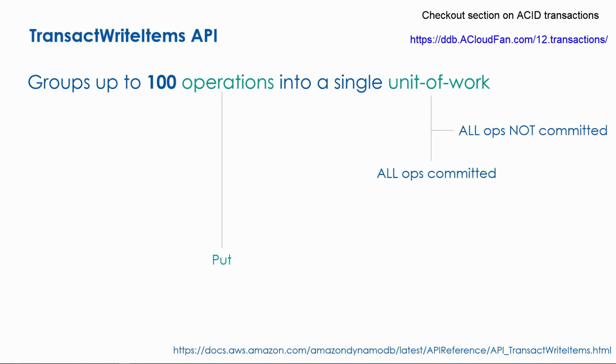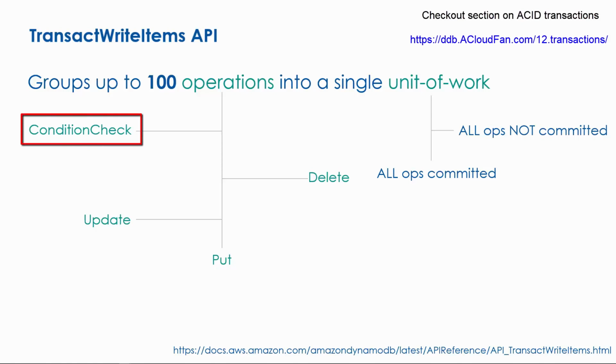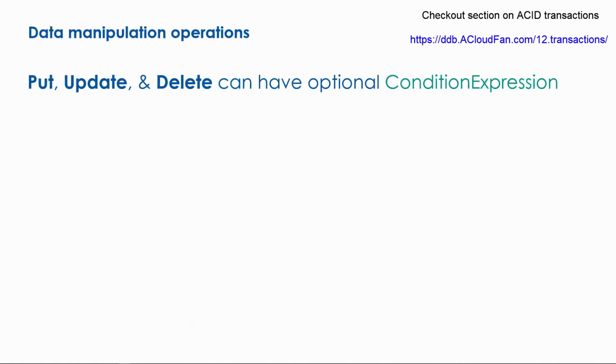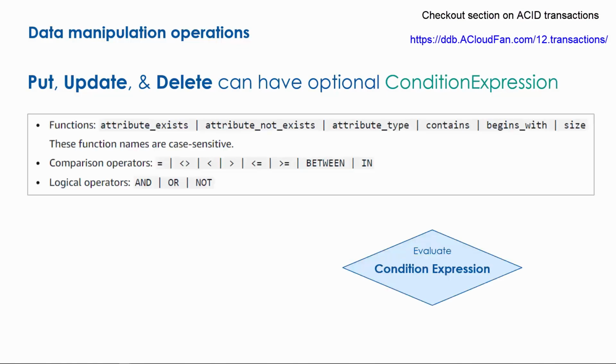You can have put, update, delete, and the fourth one is the condition check operation. You already know about the first three operations, and I'll discuss the fourth one in a minute. The combined size of items in a transaction cannot exceed 4 MB, and a transaction cannot contain the same item in multiple operations.